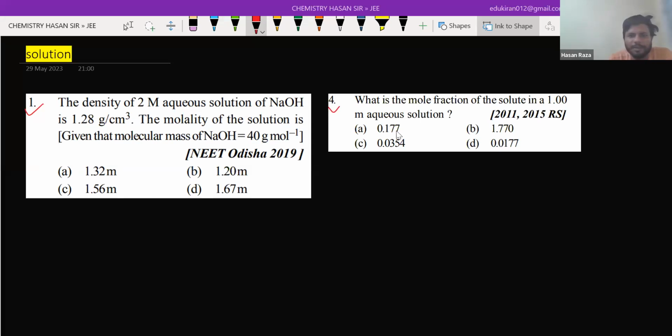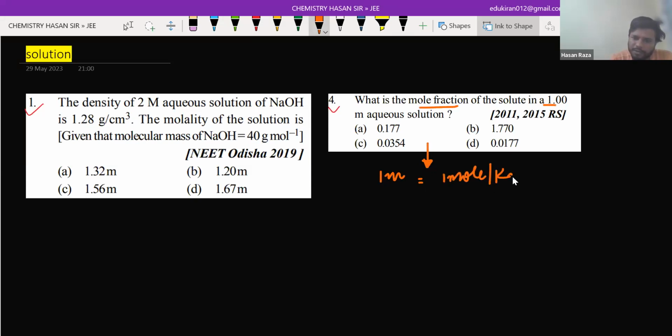Okay, I'm going to explain this. If you're not able to solve it, don't waste time. Just let me know so that we will be able to solve more and more questions. What is the mole fraction of solute in 1 m aqueous solution? First of all, this m stands for molality, and 1 m we can write as 1 mole per kg.